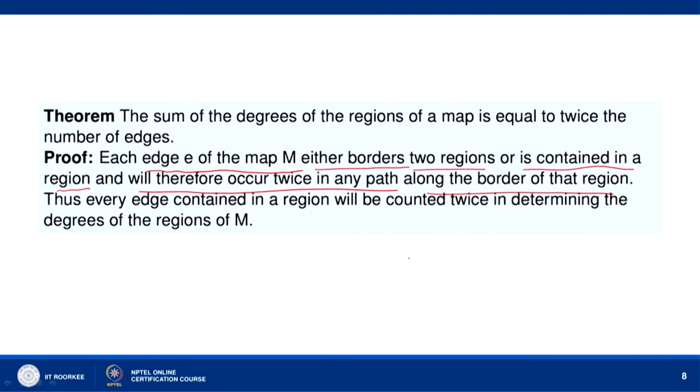So, each edge E of the map M either borders two regions or is contained in a region and will therefore occur twice in any path along the border of that region. Thus, every edge will be counted twice in determining the degrees of the regions of M, and so the sum of the degrees of the regions of a map is equal to twice the number of edges.